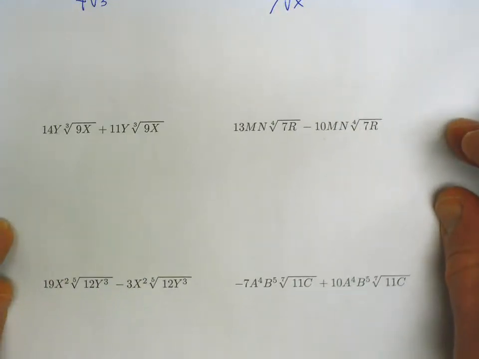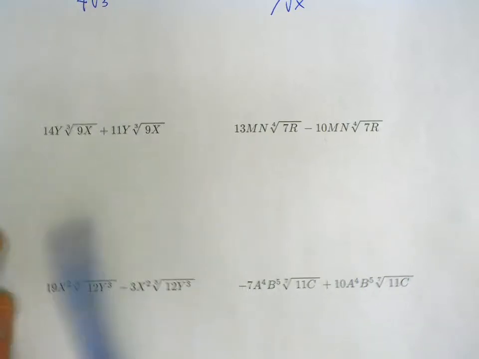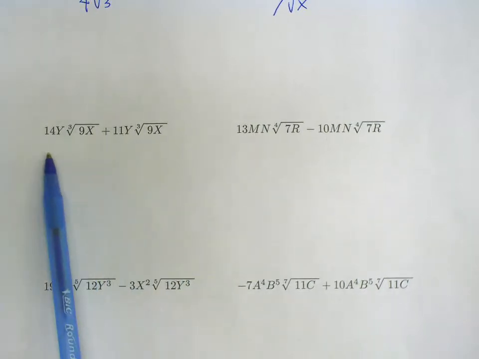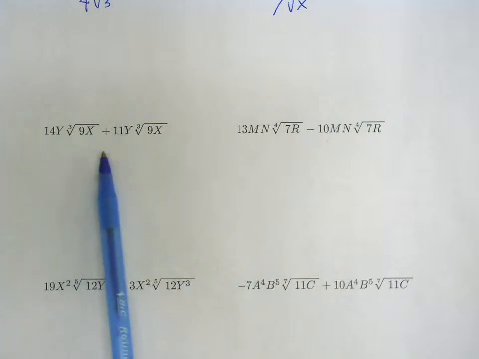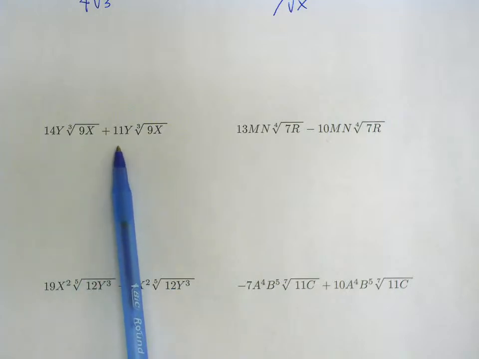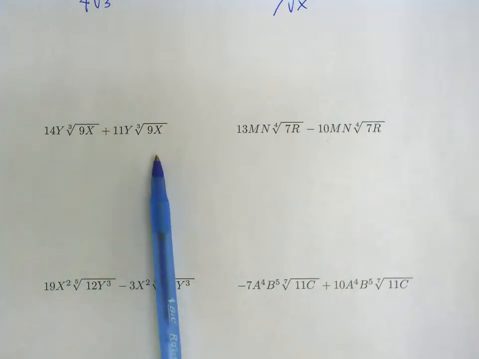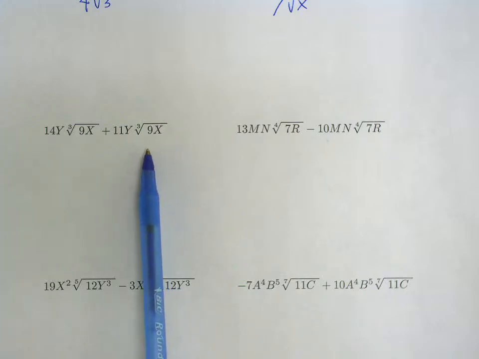Okay, in the next example, 14y times the cubed root of 9x plus 11 times y times the cubed root of 9x. The radical cubed root of 9x is as simplified as possible.